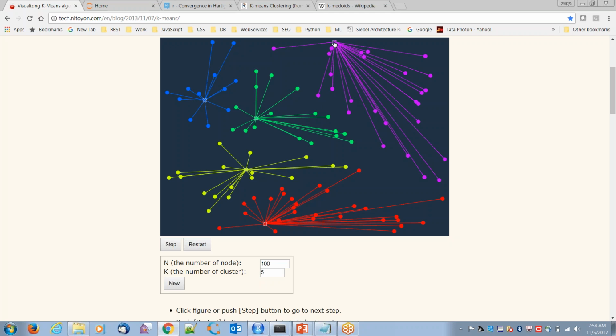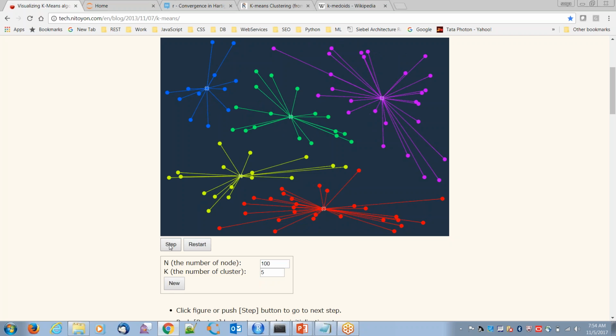So basically the mean of all these data points, that point is chosen as the cluster center. So let's visualize that step. Now you will see that the groups will remain the same, the cluster center will change. See, the groups have remained the same, the cluster center has changed.